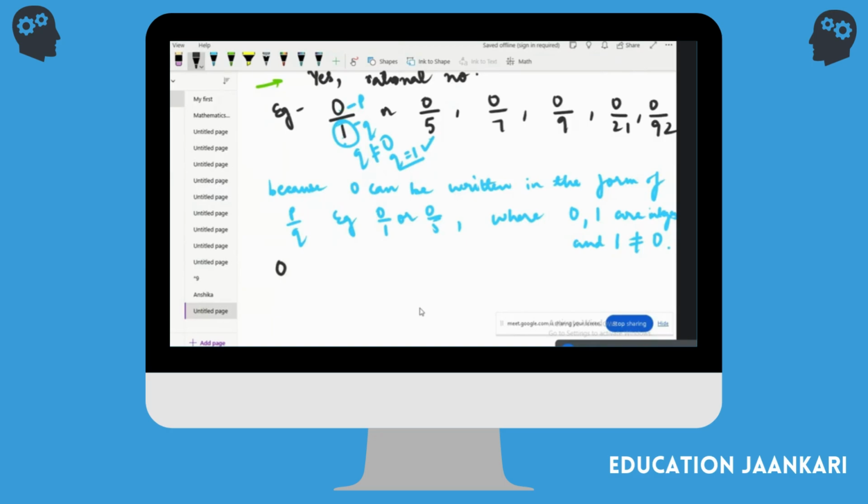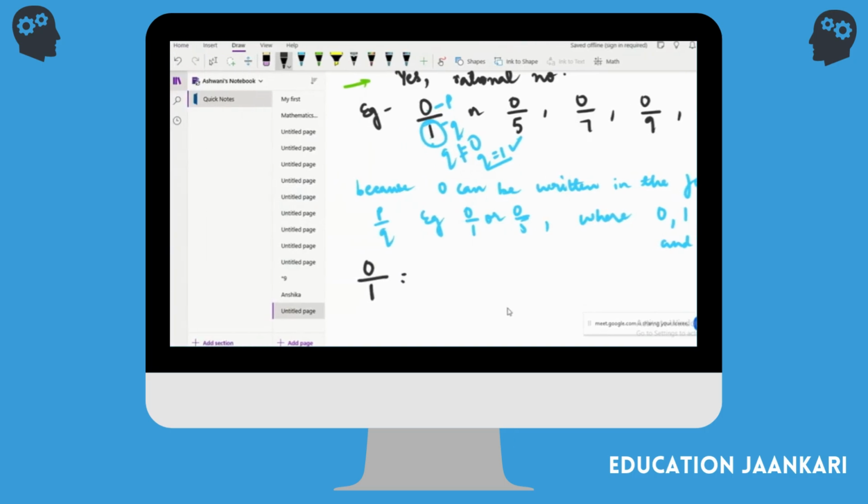We can write that any number 0 divided by any number is always equal to 0. I can write 0 upon 1 equal to 0, right? What is 0 upon 21? Zero. If we have 0 in the numerator divided by any number, it will always be 0, right?